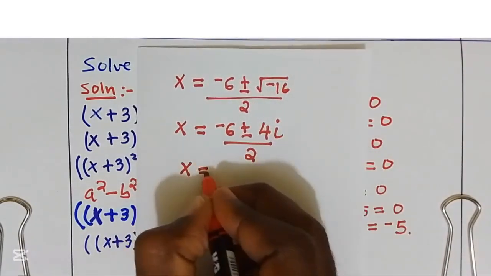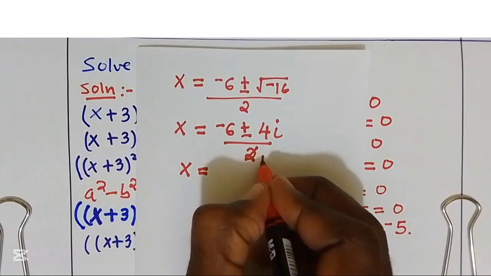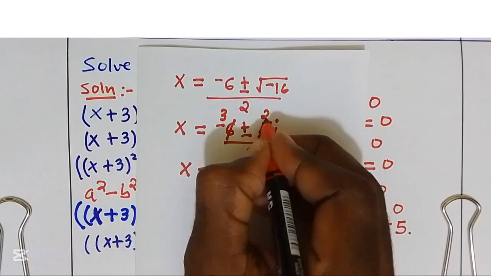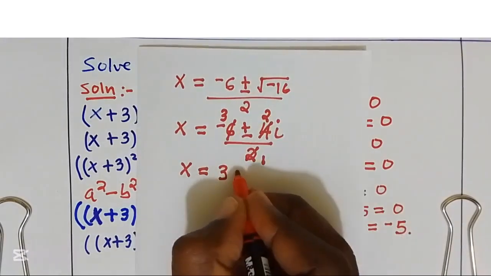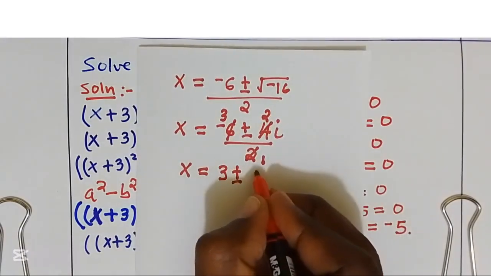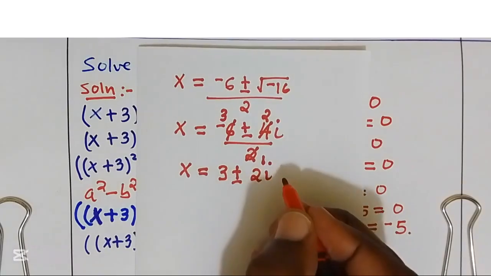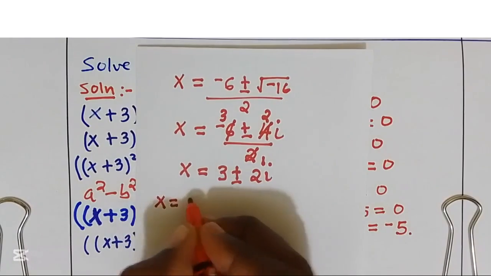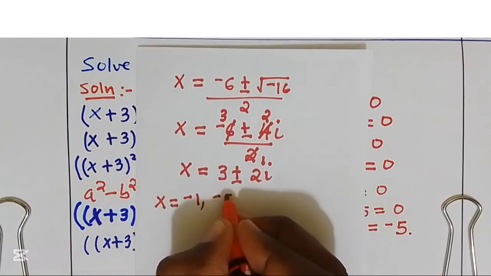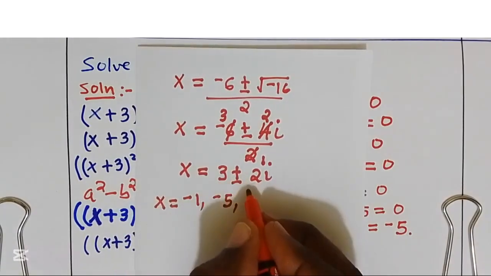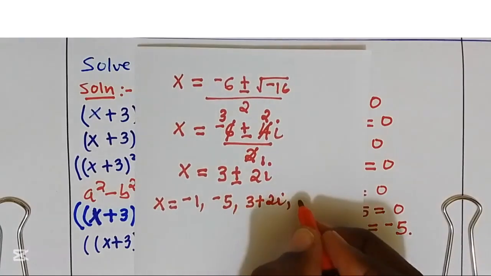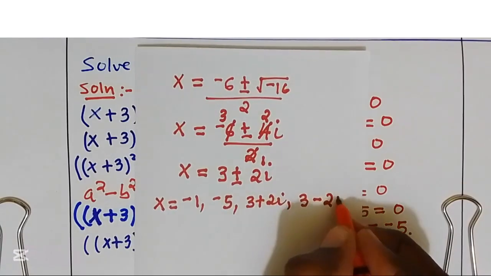Dividing by 2, we get x is equal to -3 plus or minus 2i. So our four roots are x is equal to -1, -5, and 2 complex roots, that is -3 + 2i and the other one -3 - 2i.